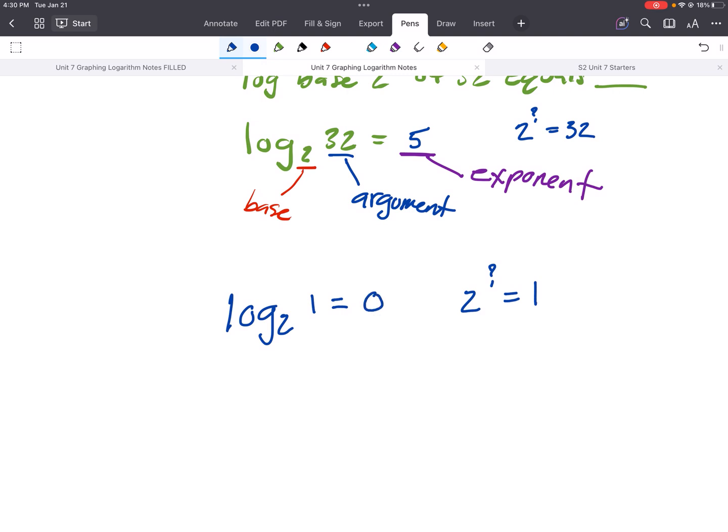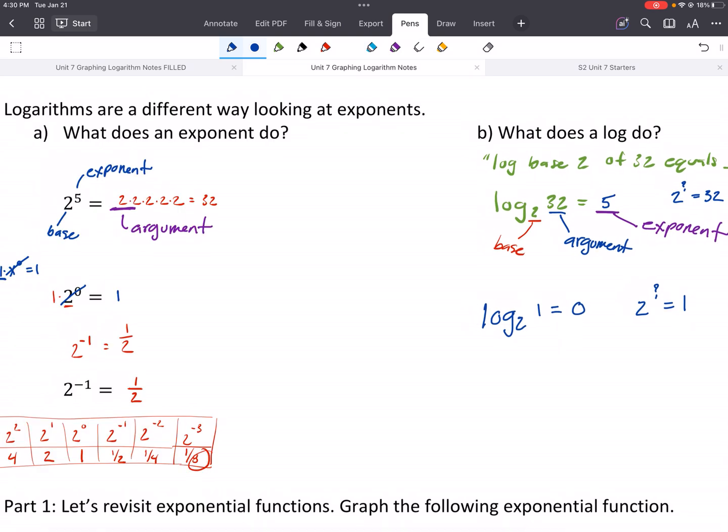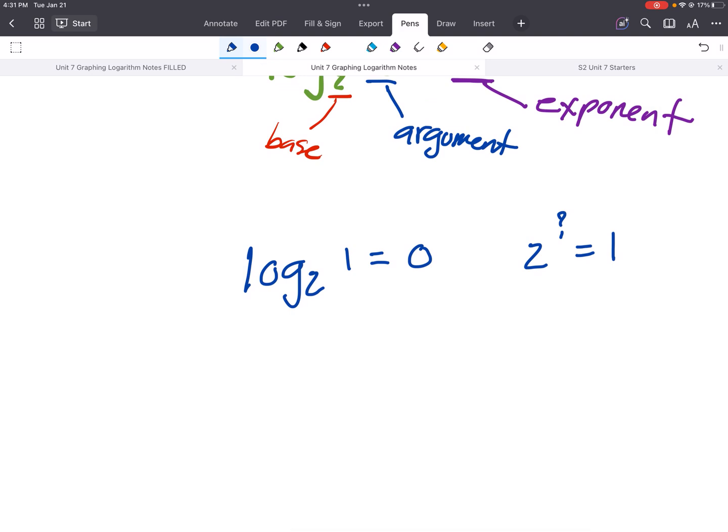And here our answer would have to be 0. These are literally the same type of equations. It's just that instead of asking you to solve for the argument, logs ask you to find the exponent. They're just solving for a different part of the equation.